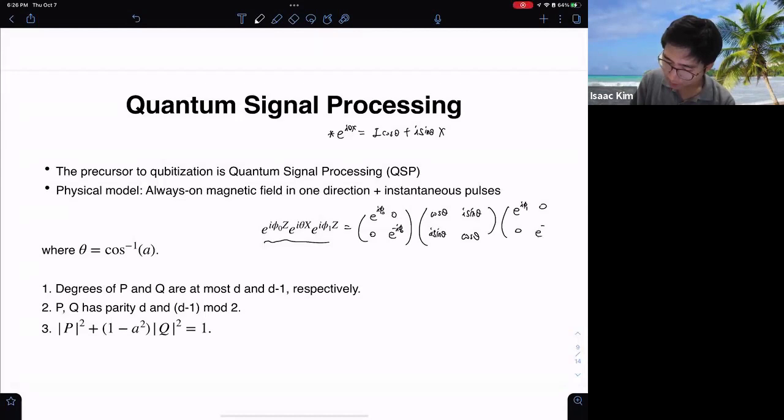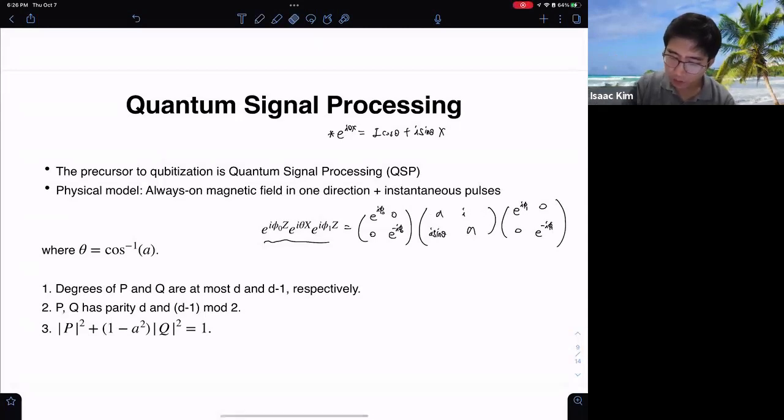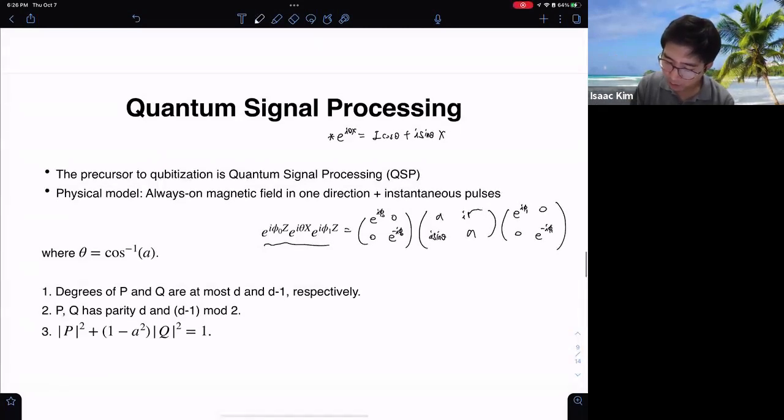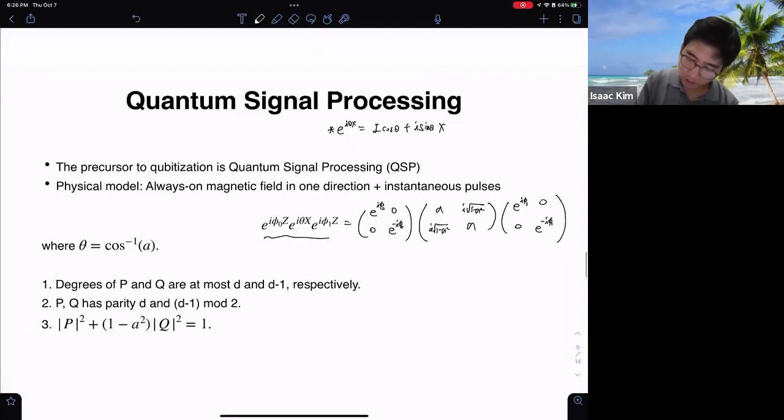And again, you have the diagonal matrix. Because cosine theta is A, I'm just going to replace cosine theta by A and replace sine theta by square root of 1 minus A squared. Then it's pretty clear.